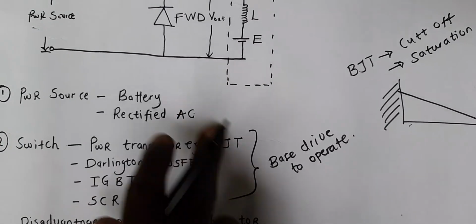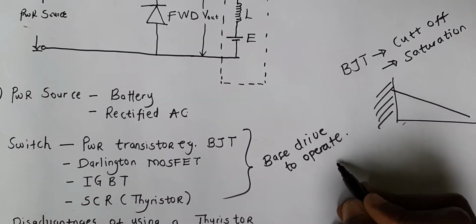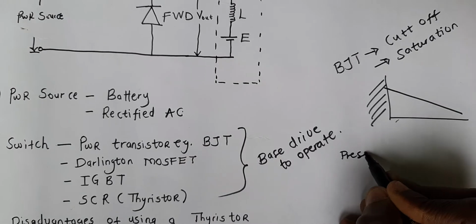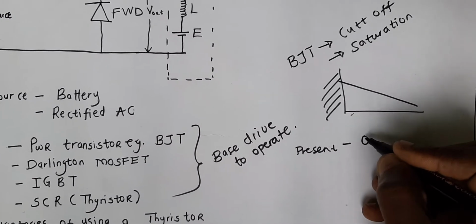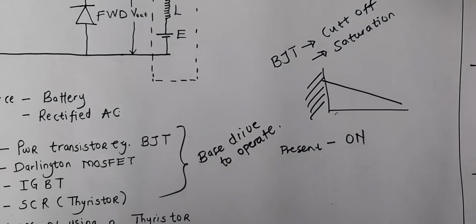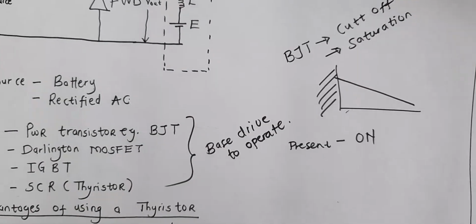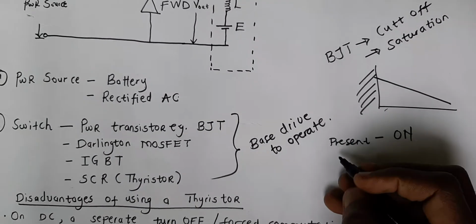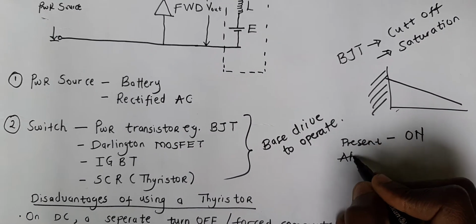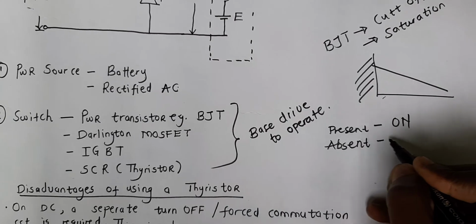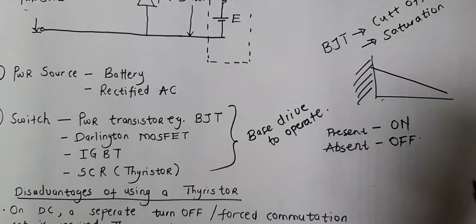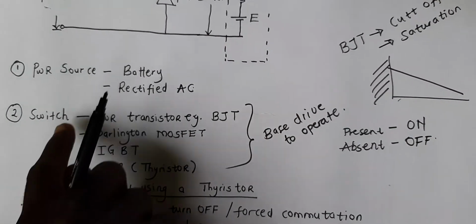For us to turn on the switch, base drive is going to be present. So when the base drive, or the base pulse or signal, is present, the switch is going to be turned on. And when the base signal or pulse is absent, the switch is turned off. Okay?